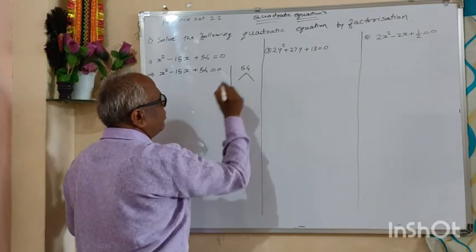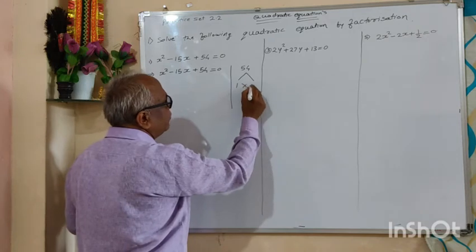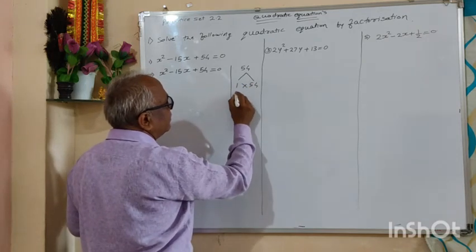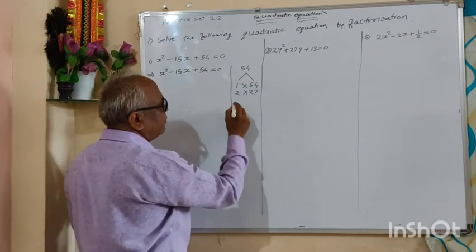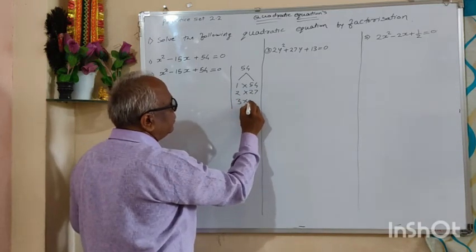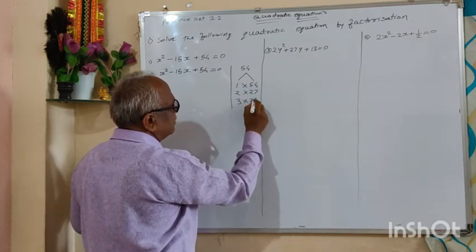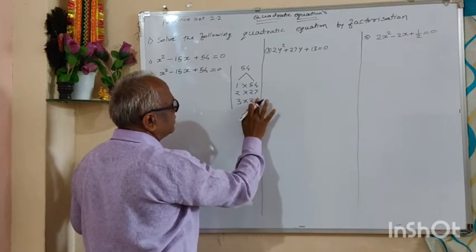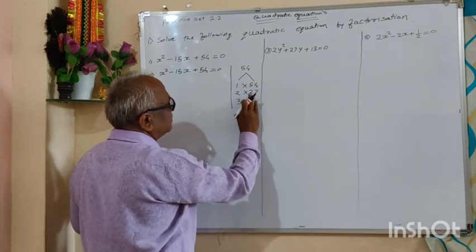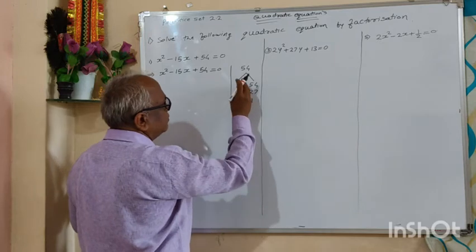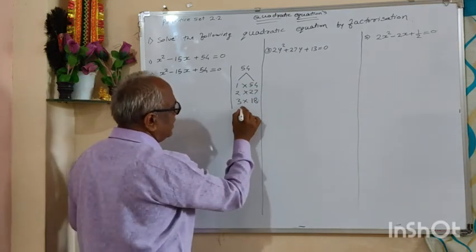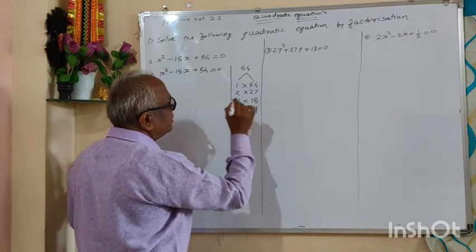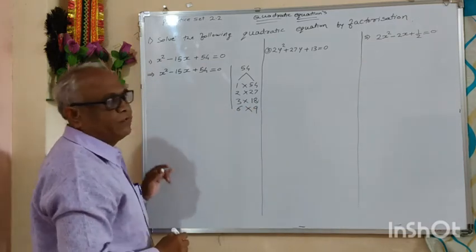Now find the factors of 54. 1 into 54 is equal to 54. 2 into 27 is equal to 54. 3 into 18 is 54. And 6 into 9 is equal to 54.